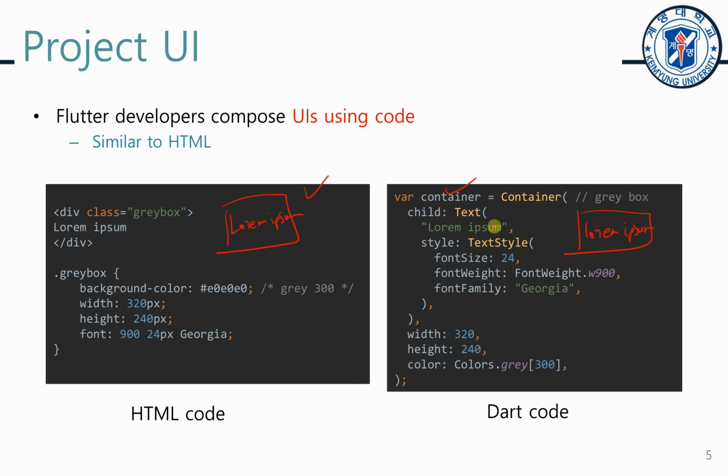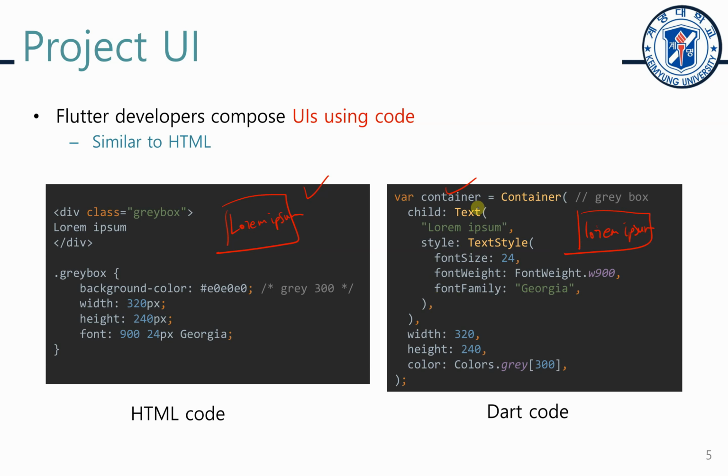The same thing in Dart code: you say create me a container, and in that container I will have a child. When you have one element in this container, you say child, but when you have multiple components or multiple widgets in this container, you say children, as we'll see a little bit later on.